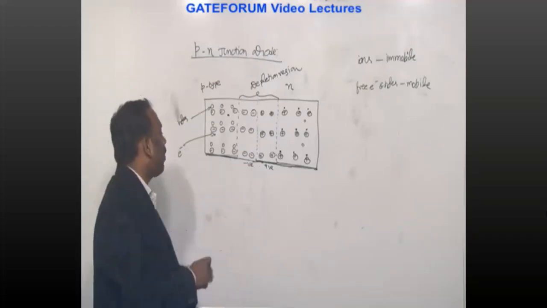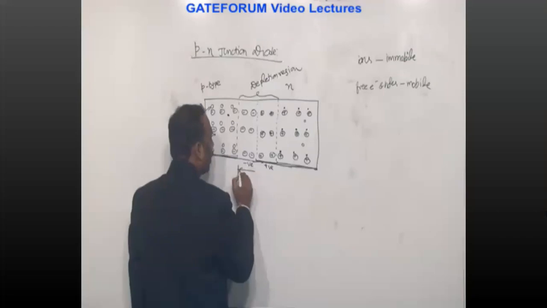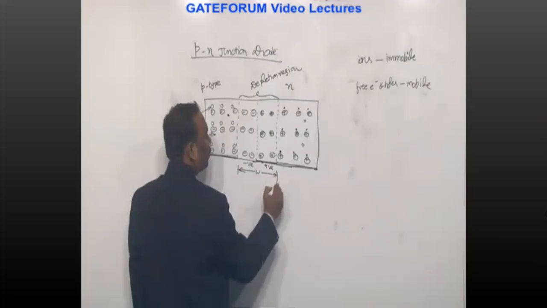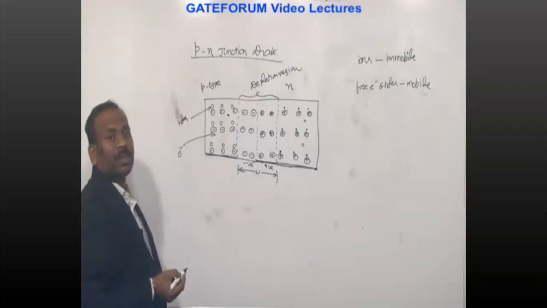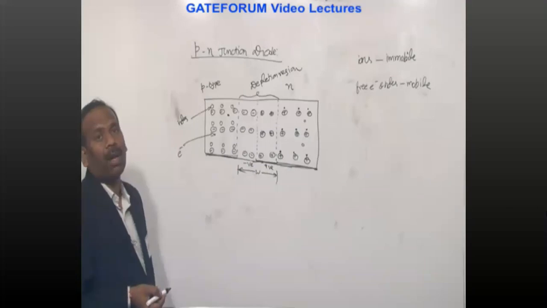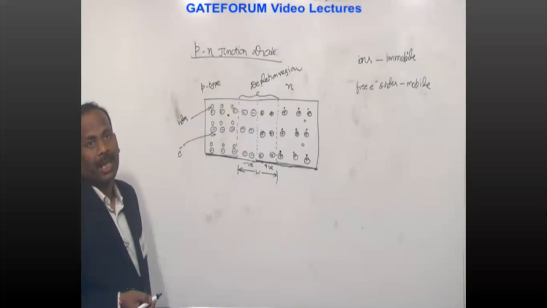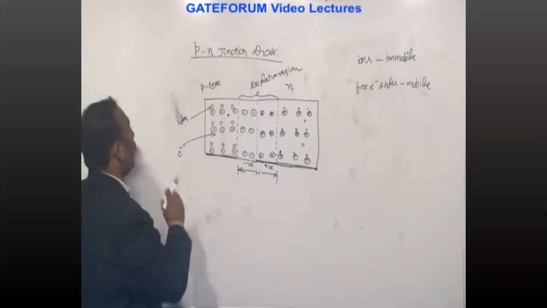And the width of this is called the width of the depletion layer, and it is around 1 micron, 1 into 10 power minus 6 meters.